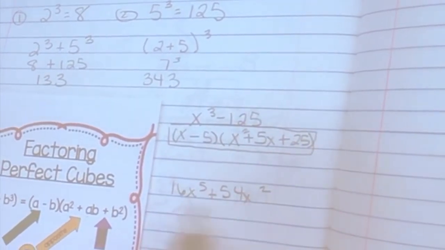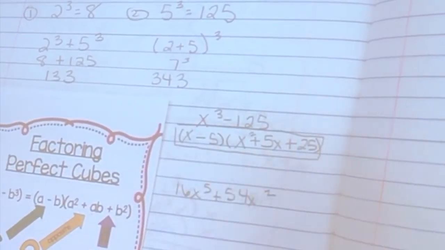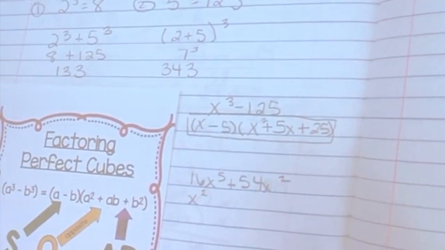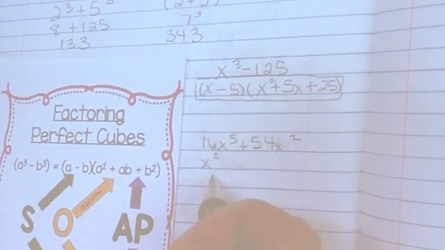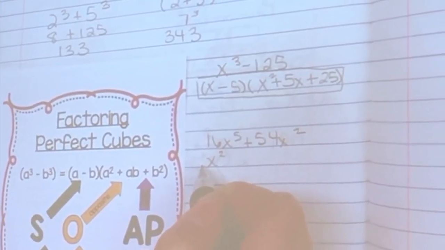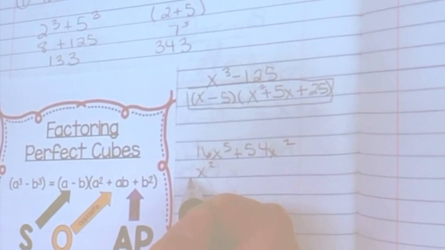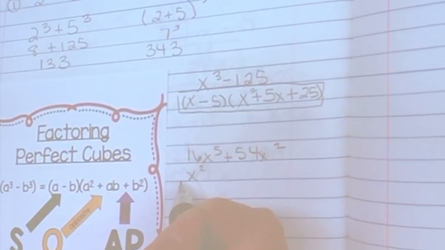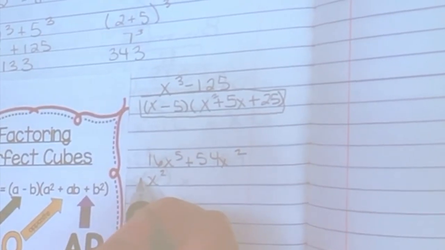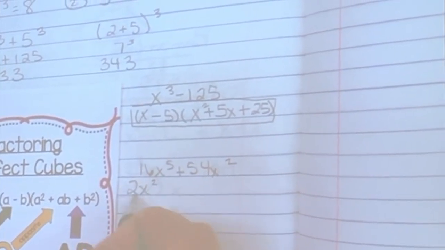So what is the greatest common factor in each of these? X squared. And what about the coefficients? Not 16. Let's try it a little bit smaller. 2. Good job.